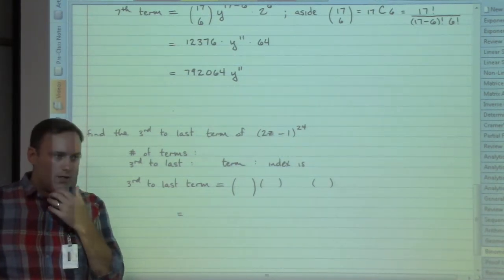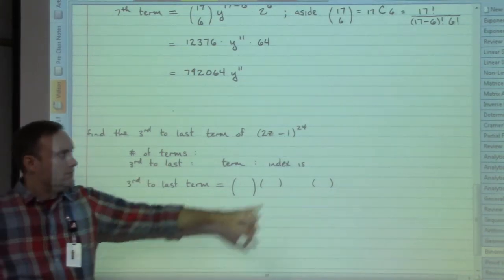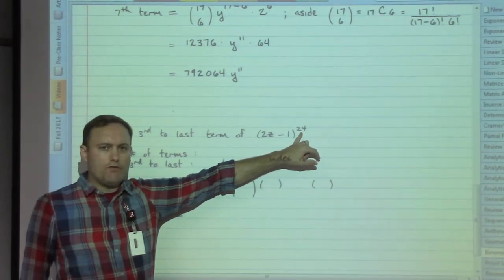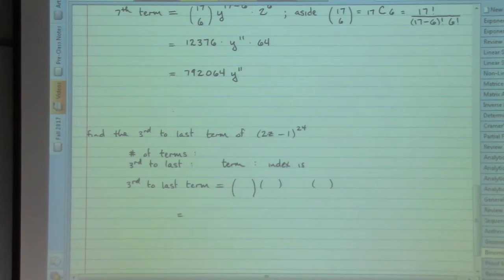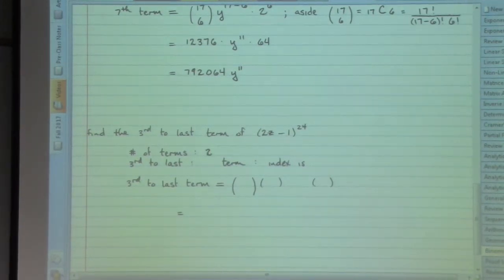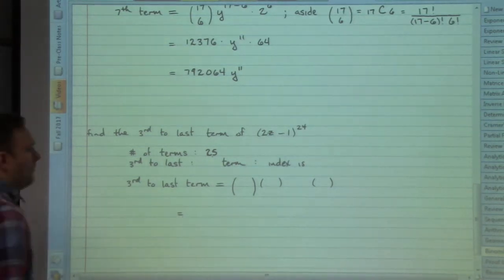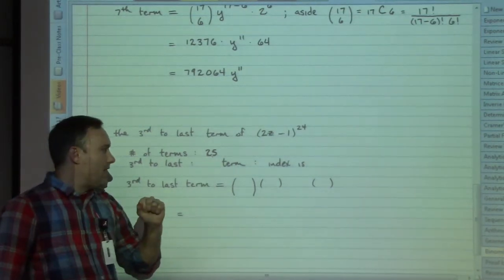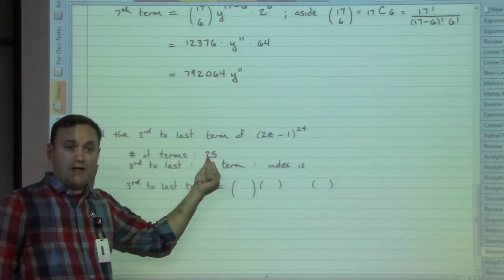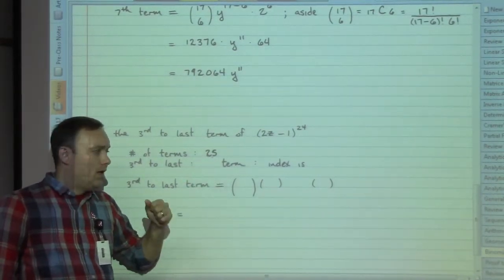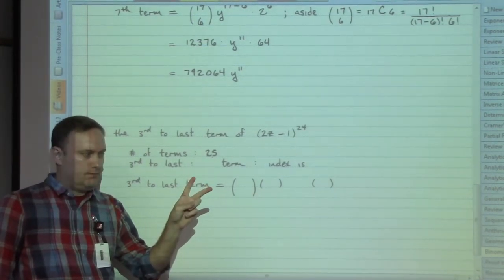Let's start with the number of terms that we have. If our power is 24, then we would have a total of 25 terms. If we start at 25, then the last term is number 25. The second to last term is the 24th term.